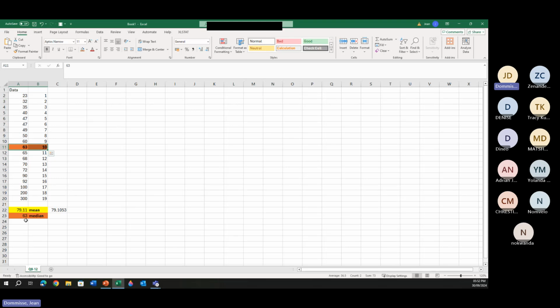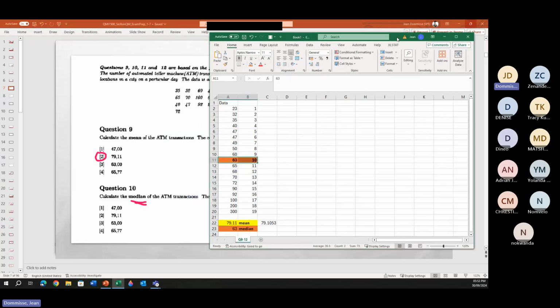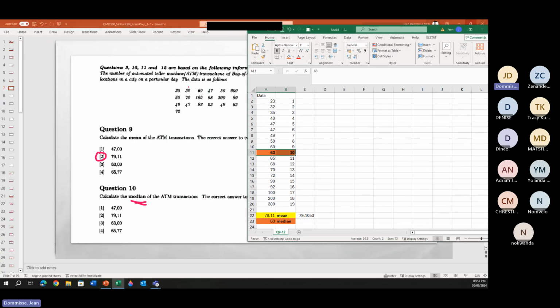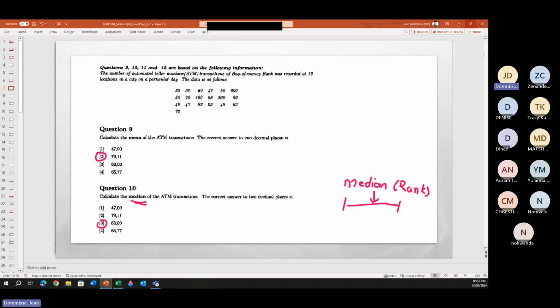So again, you didn't need to use the formula that is based in Excel. You could have ranked that data for yourself, and then if you have gotten to the middle number, you would have seen it is 63.